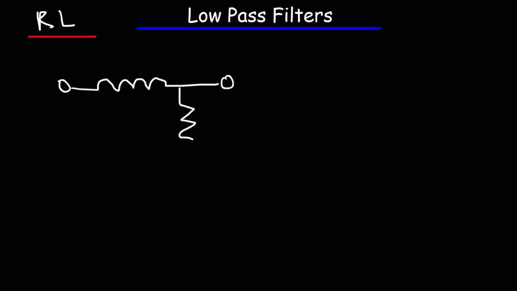Now, there's another type of low-pass filter that we need to talk about, and this is known as the RL low-pass filter. It has an inductor and a resistor. This time the output voltage is directly across the resistor.